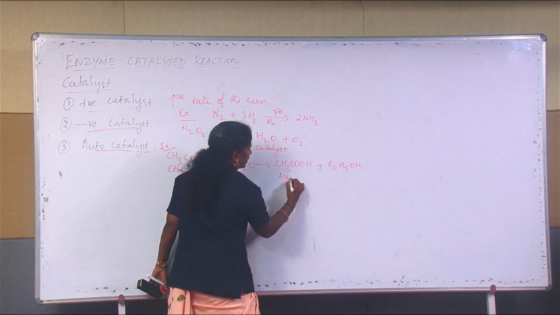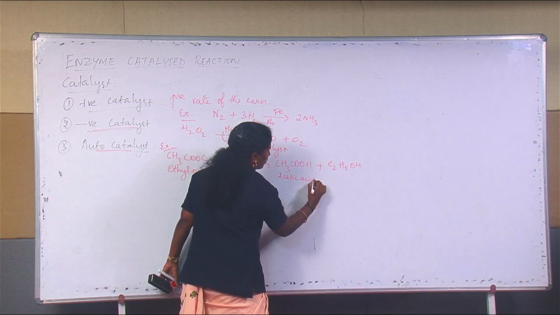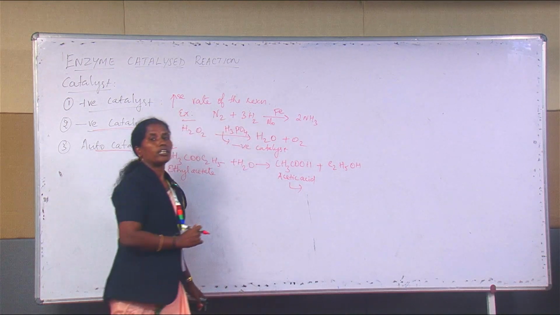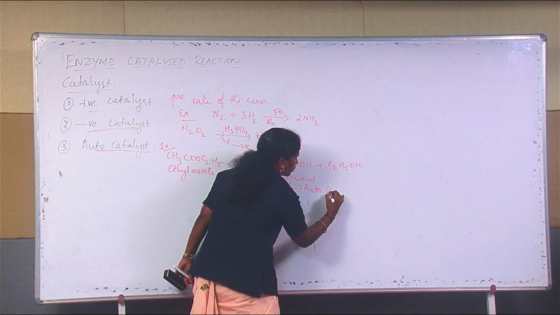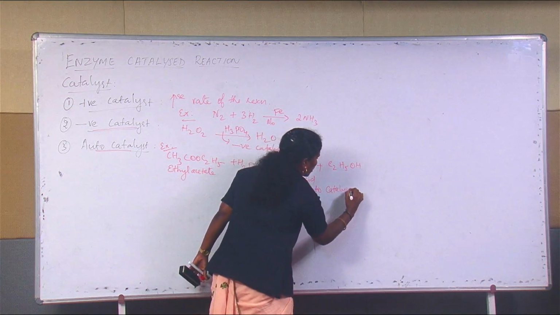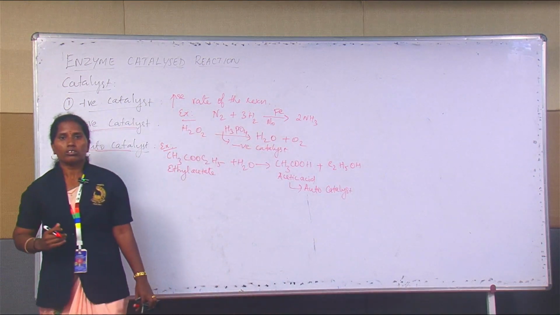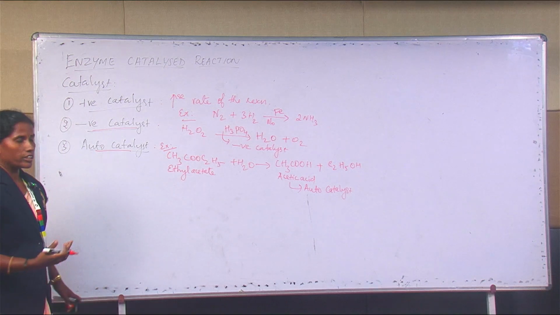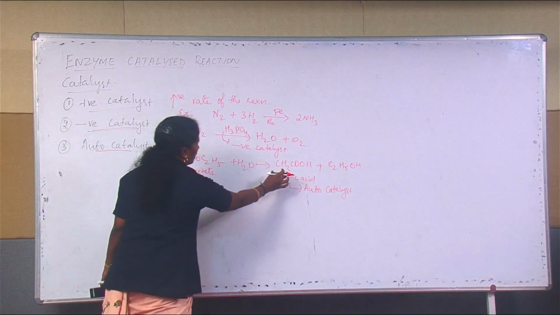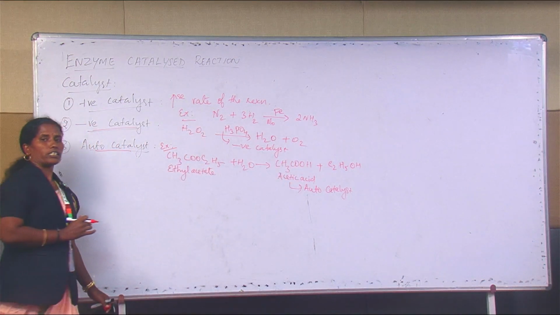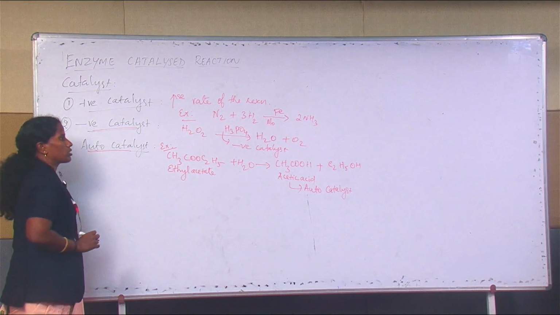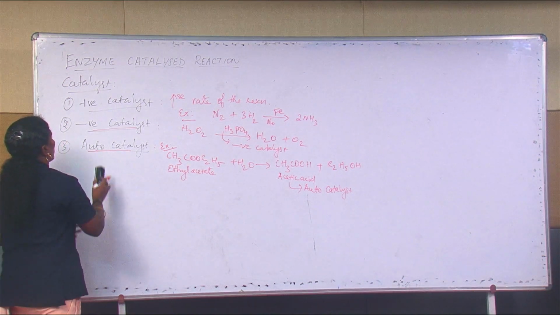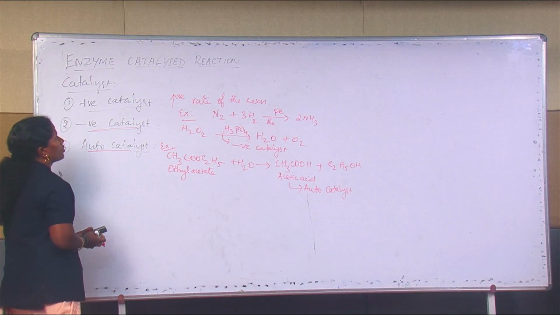So the formed acetic acid acts as an autocatalyst. It is used to further increase the rate of the reactions. So the formed product acts as a catalyst, and that type of substance is called autocatalyst. So these are the types of catalyst.